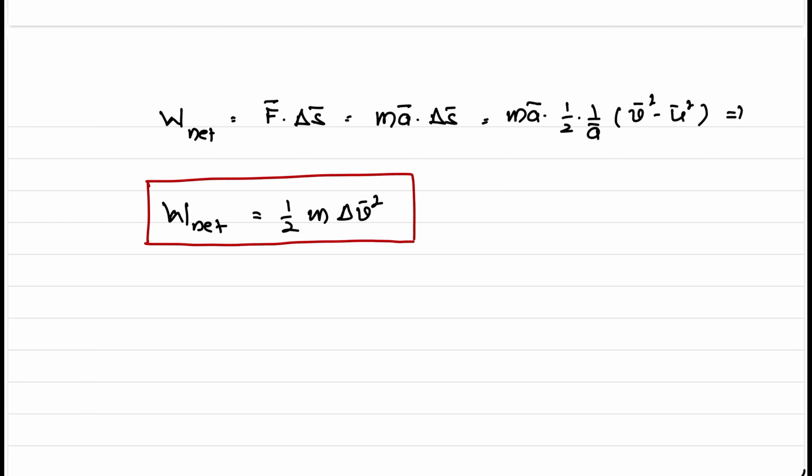It's a scalar quantity, hence we can remove this here, because F dot S is a scalar quantity. For B, we can remove this and this, they get cancelled.